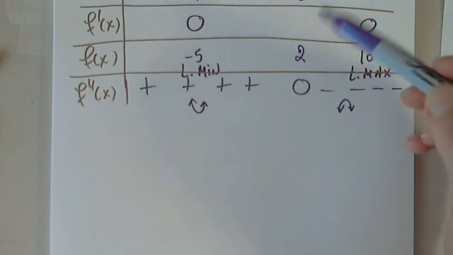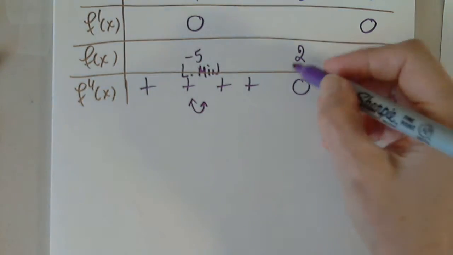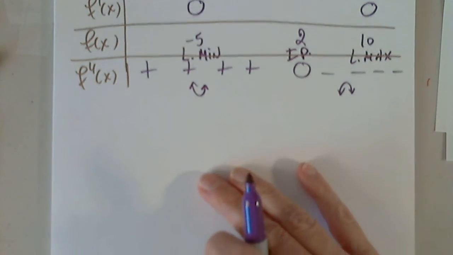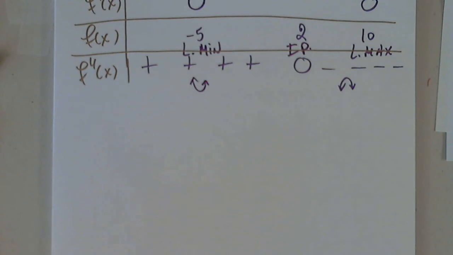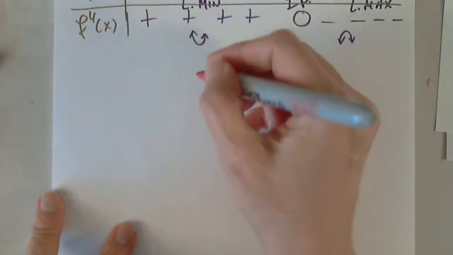At 3, 2, the second derivative is 0, and it changes sign, so this must be an inflection point. We identified everything. We're ready to graph an example of the function.